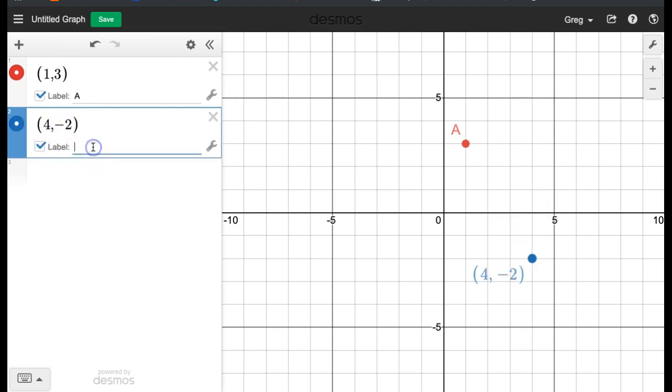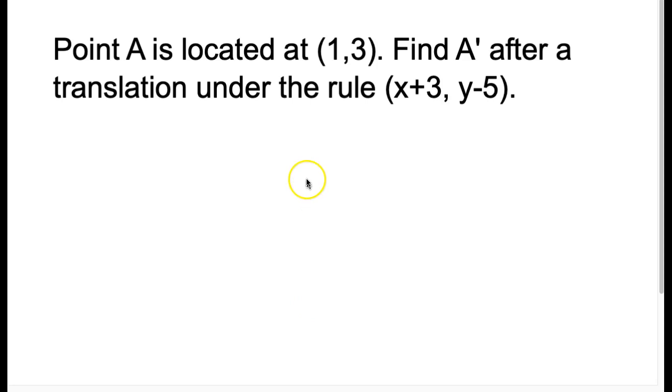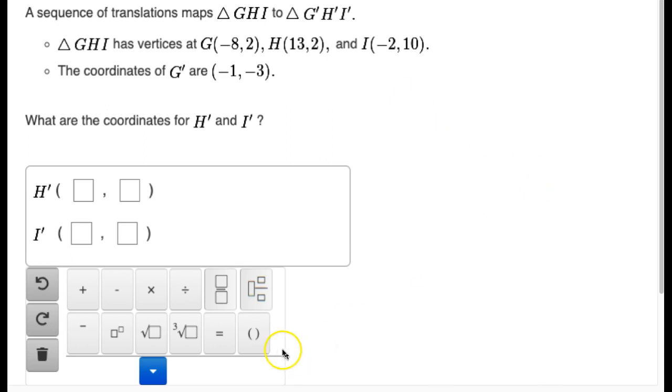So this would be my A prime after translating using that rule. So the answer to this one would be (4, -2).